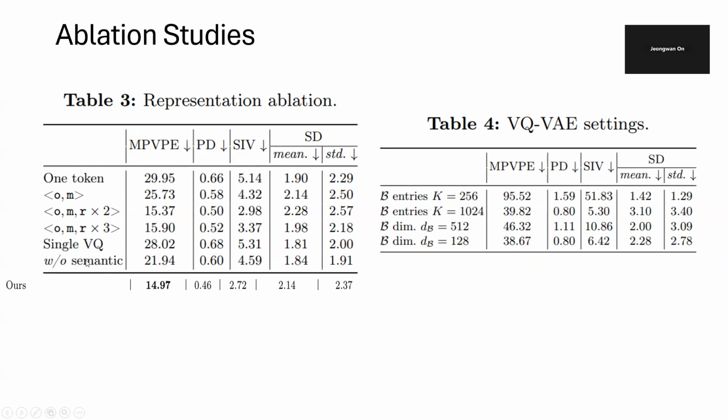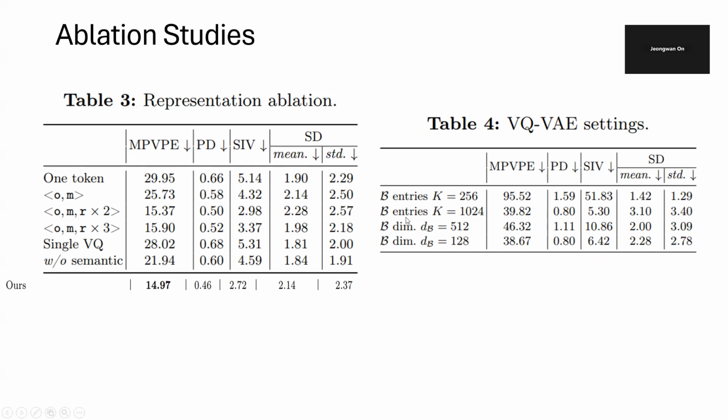And without semantic implies no semantic meaning assignment to the tokens generated from the hierarchical VQ-VAEs, so no OMR assignment. The full setup came out to be the top in all the metrics.